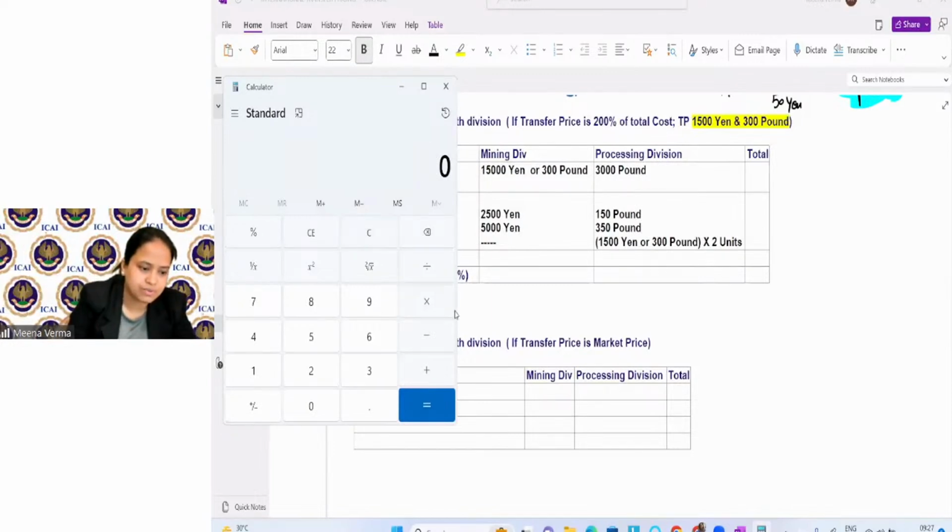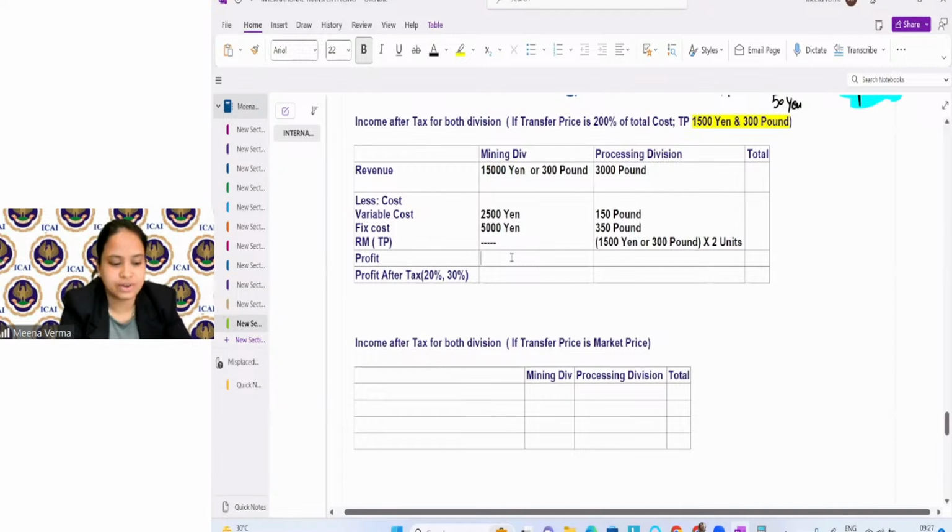15,000 minus 2,500 minus 5,000. This will be coming as 7,500 yen. Right?